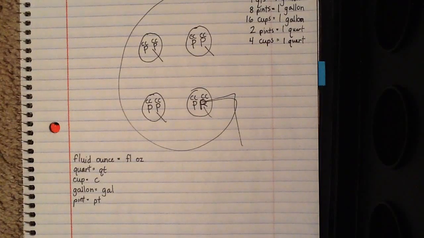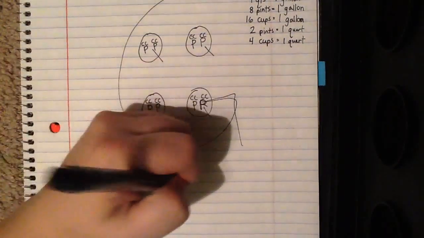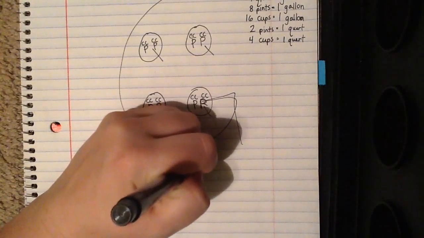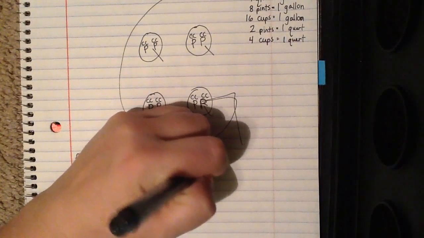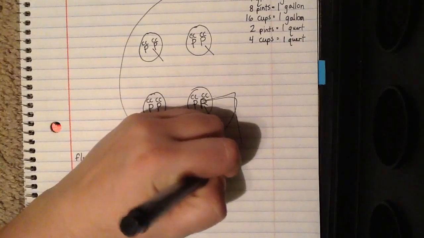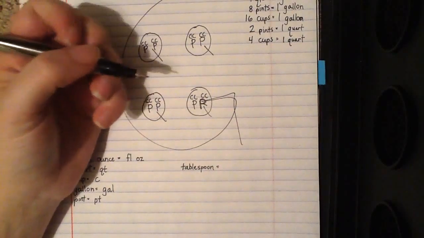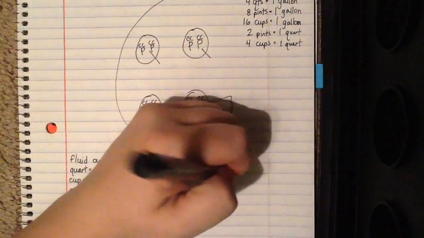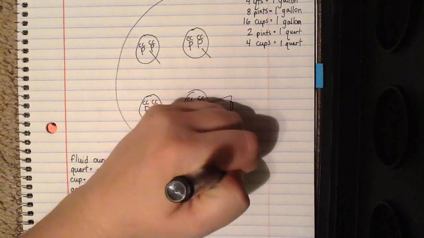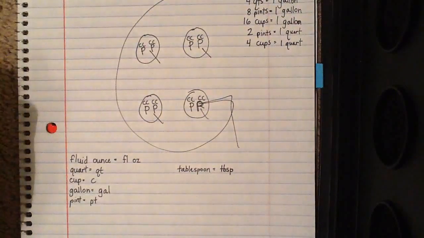There are 2 other ways that we measure volume. These are not necessarily liquid volume, but we use these when we measure dry ingredients. And they are the words tablespoon and teaspoon. Almost every recipe requires tablespoons or teaspoons. A tablespoon is TBSP.